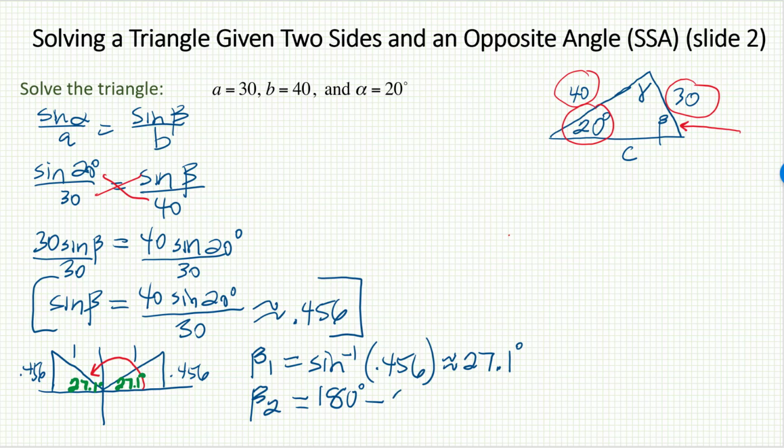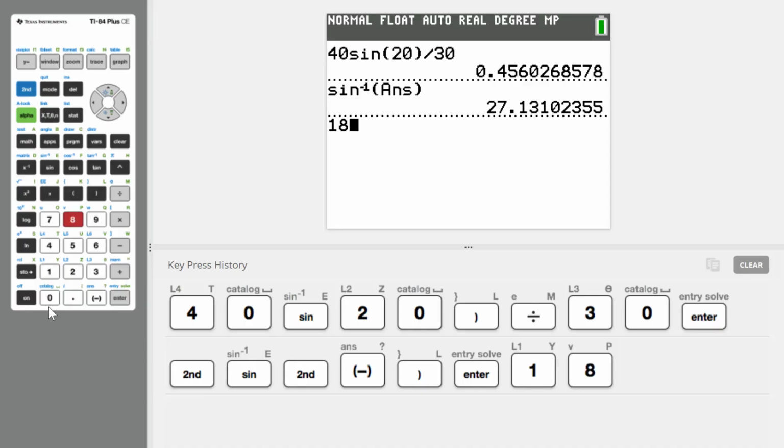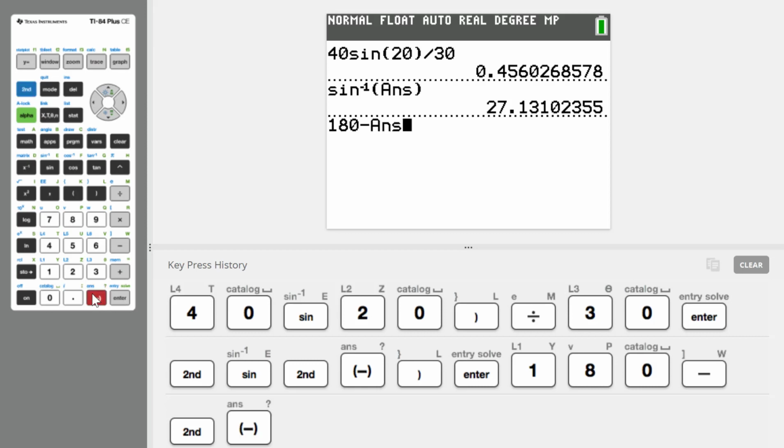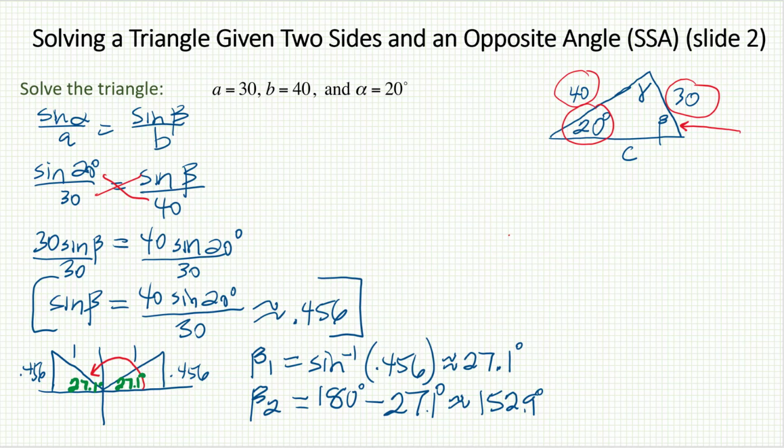In other words, minus that 27.1 degrees. Again, we can get it right off the calculator. The 27.1 was the last answer, so I'll do 180, take away my last answer, and that's about 152.9 degrees. We are saying here there are two sets of answers.